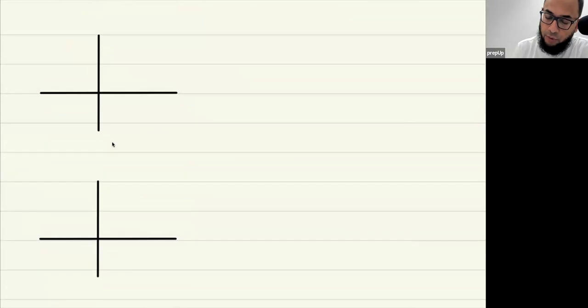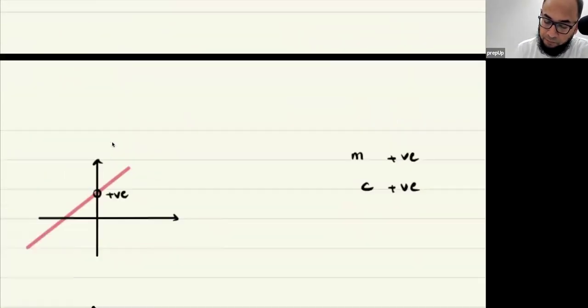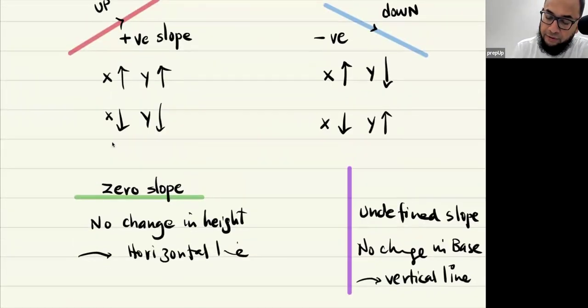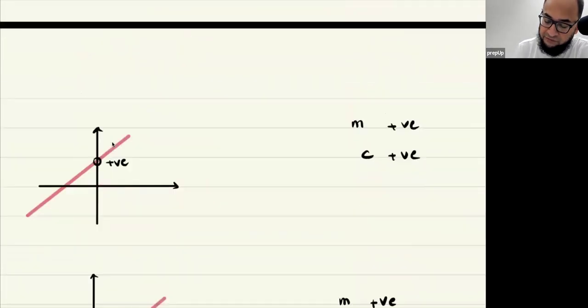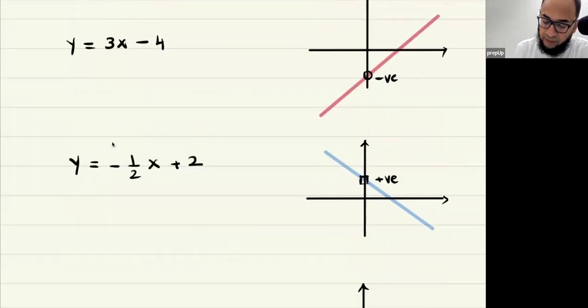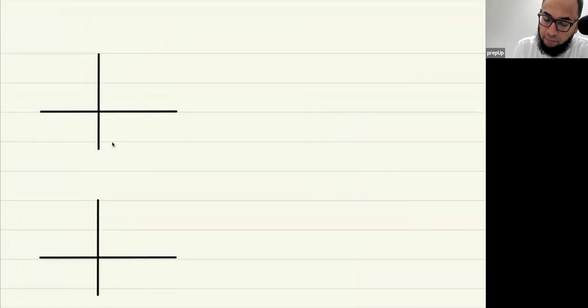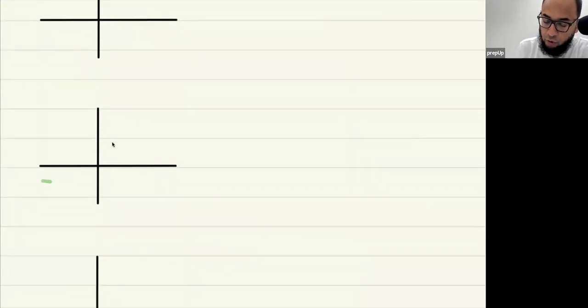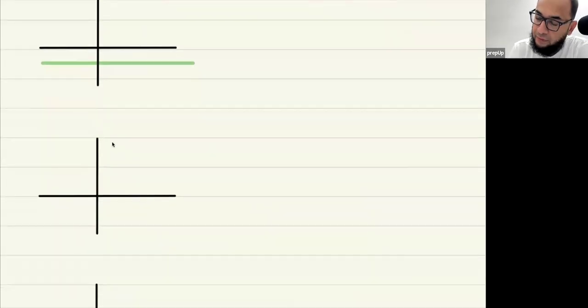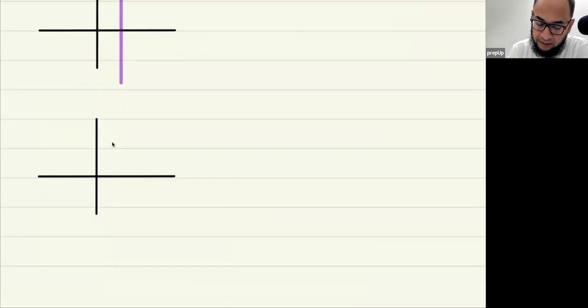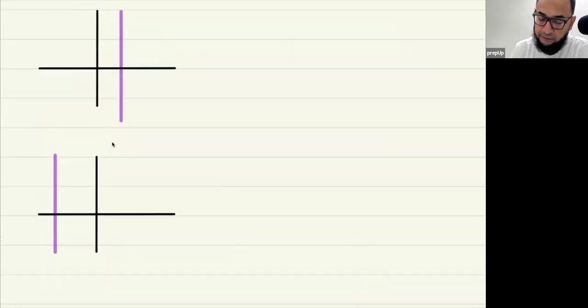Okay, so now let me look at the color. Green color I have used for zero slope. Purple color for positive slope. So now over here, a green color for zero slope, it goes like this. A green color could be going like this. A purple color is going like this. Another purple color is going like this.